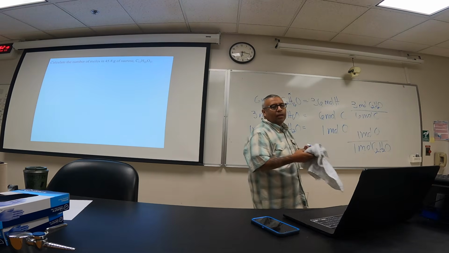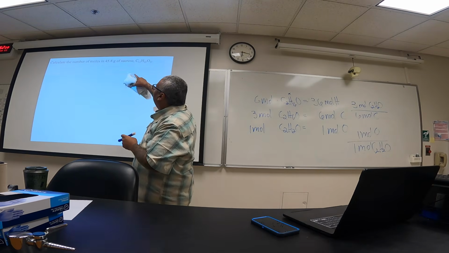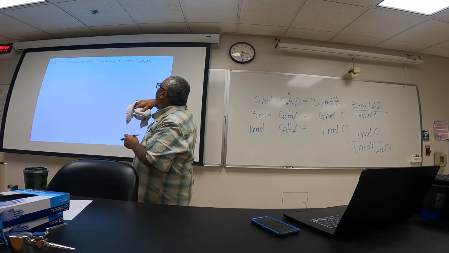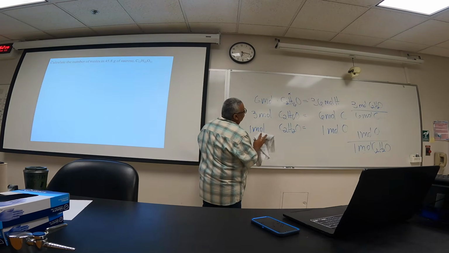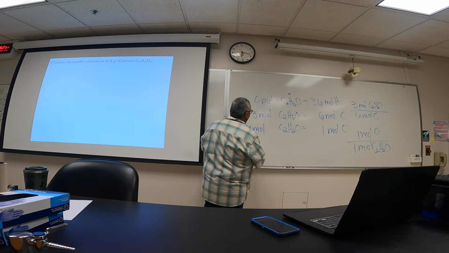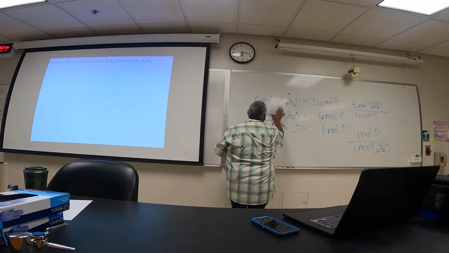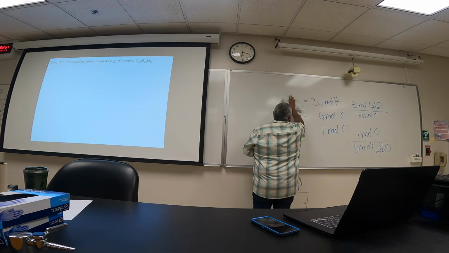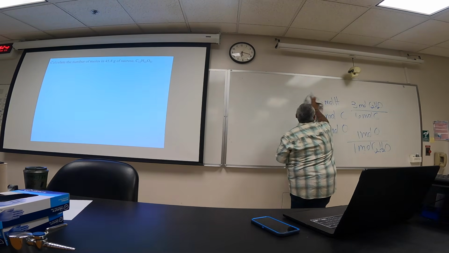Let's calculate the number of moles in 48.5 grams of sucrose. And before we move on to this, I'm not going to need any of this. We're going to learn another new unit.